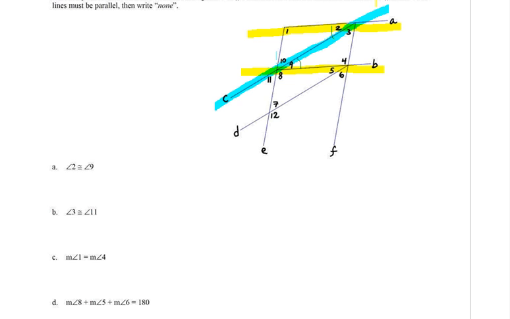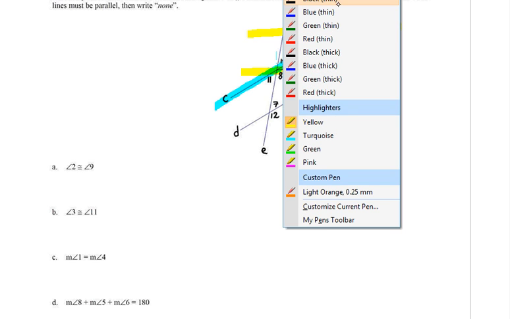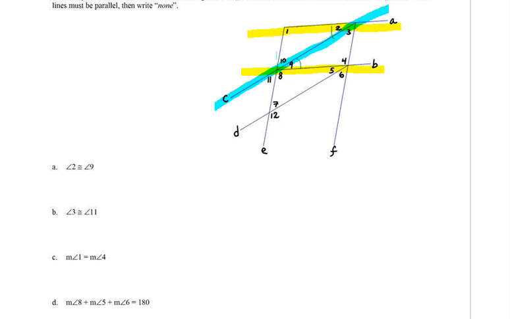If you put it together, we've got alternate interior angles. Alternate interior angles being congruent is one of our reasons that we can make lines parallel. So we're going to say that A is parallel to B because alternate interior angles being congruent is a way to prove that lines are parallel.